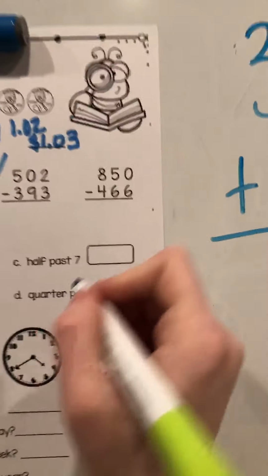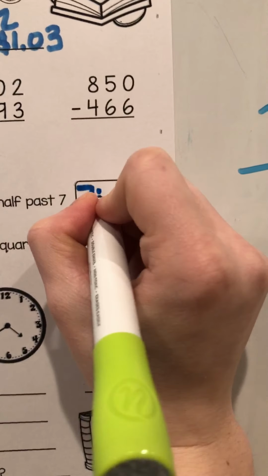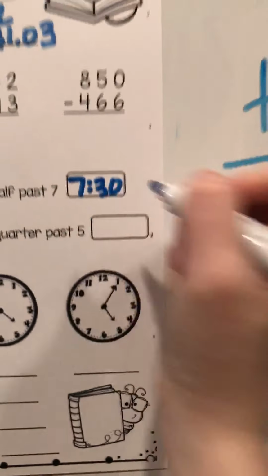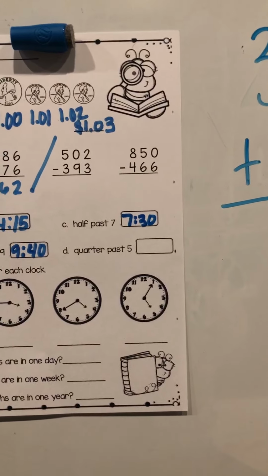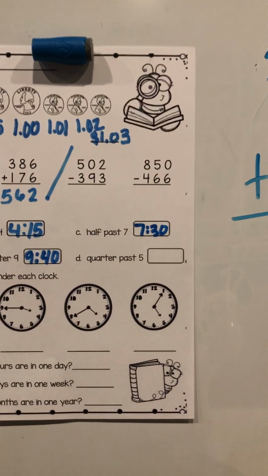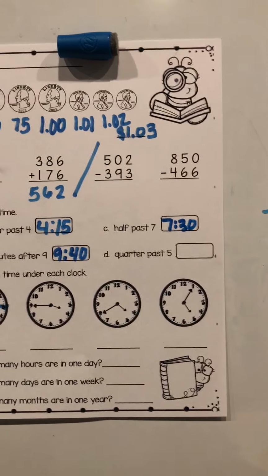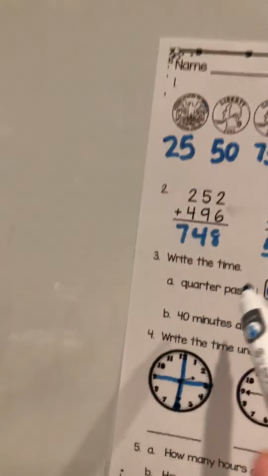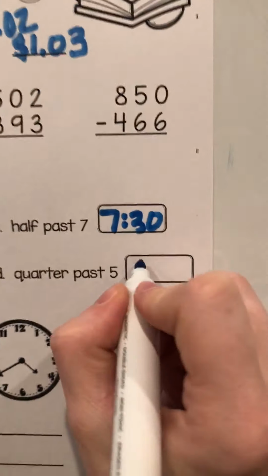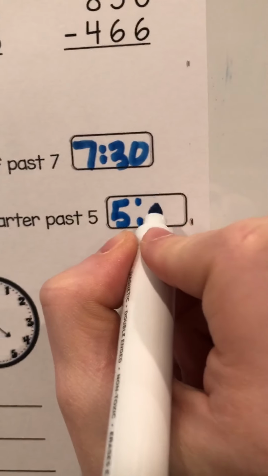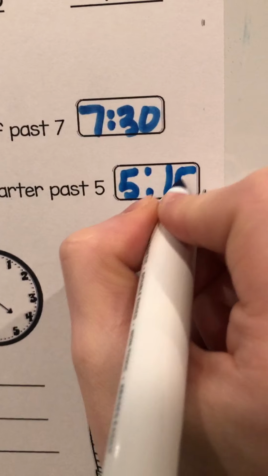So we know a 7:30 is going to be 7:30. And then a 5:15. That's the same thing that we talked about for 4:15. So we know that this is going to be 5:15.